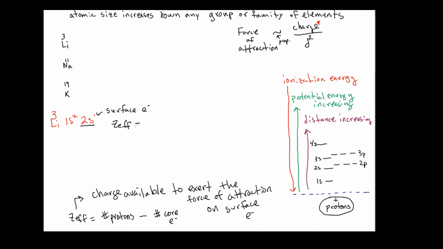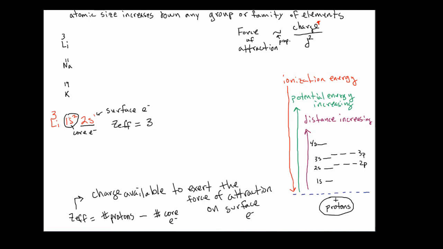So the Z effective is going to equal the total number of protons, of which there are 3. And then you can see, as I've spoken about in previous videos, that the 1s2 electrons here represent what we call the core. So I'll go ahead and circle this. And these are core electrons because they sit between where the protons are and the surface electron.